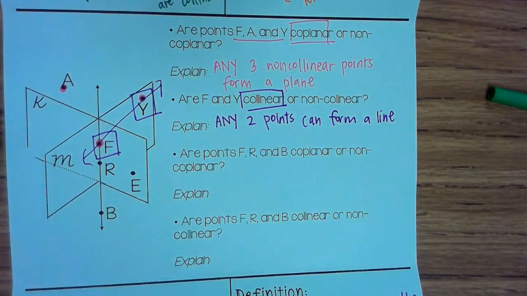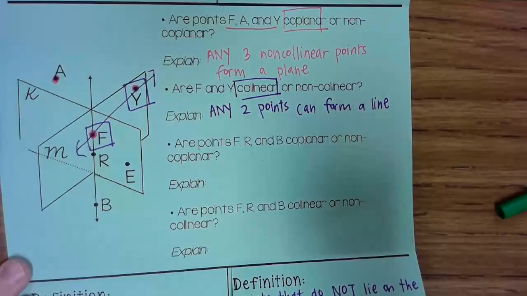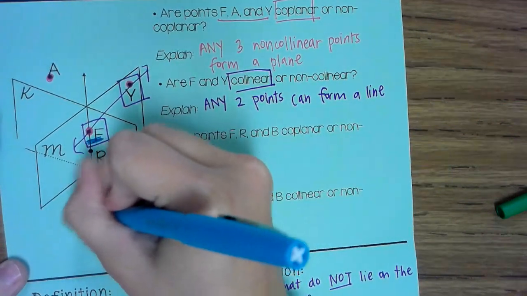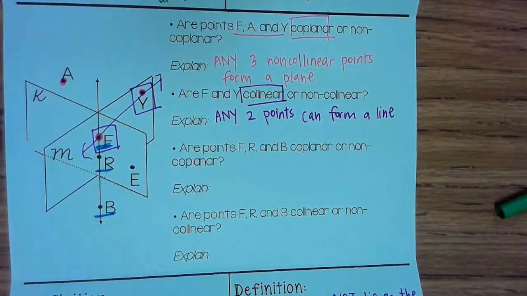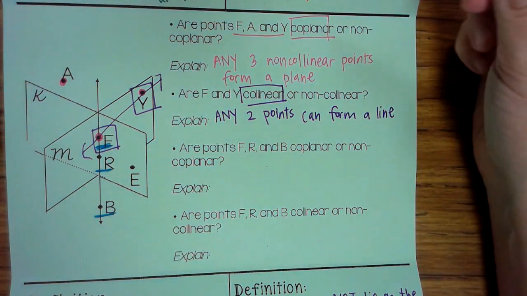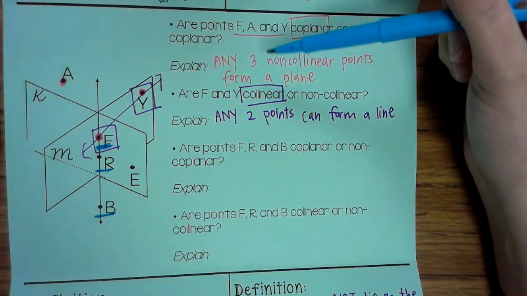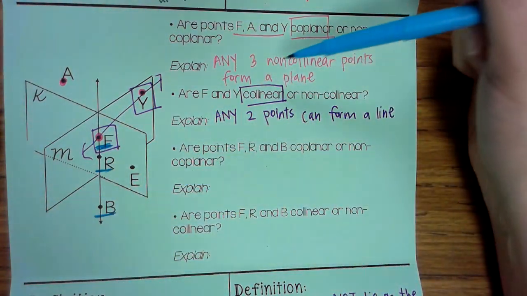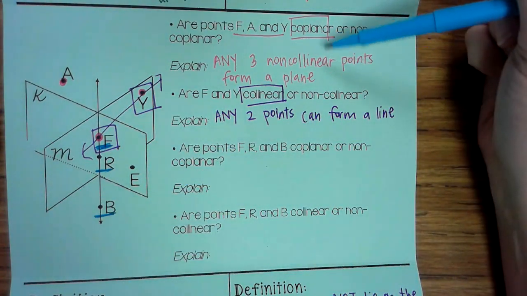All right, look at your next question. Are the points F, R, and B coplanar or non-coplanar? Sorry, my picture is getting a little bit overwhelmed. Here's F, R, and B. Are those 3 points coplanar or non-coplanar? So let's look back at our first question. We answered coplanar or non-coplanar, and our explanation was that any 3 non-collinear points can form a plane. Okay, well, I've got 3 points. Do those 3 points meet this part of that, though?